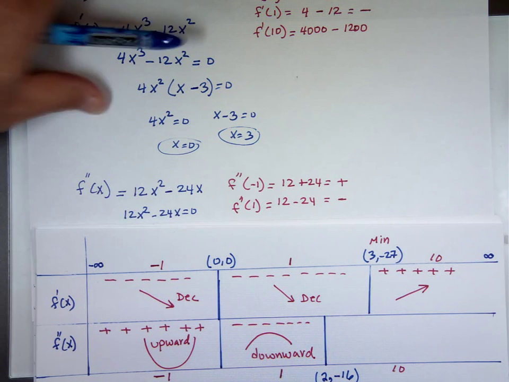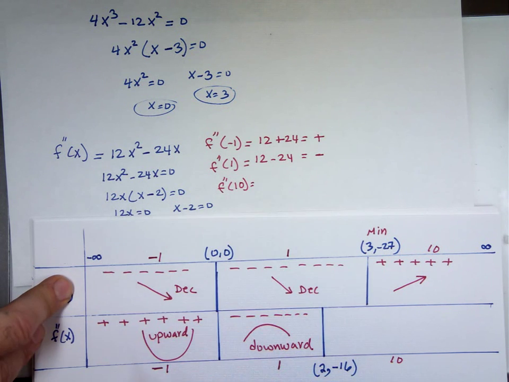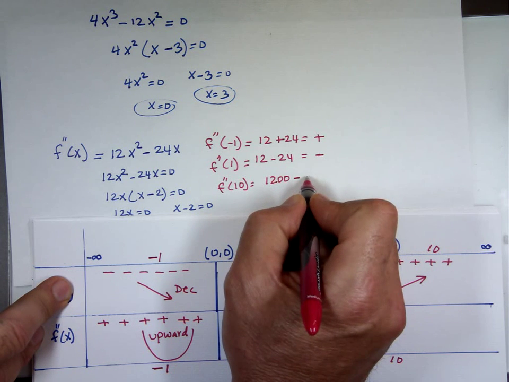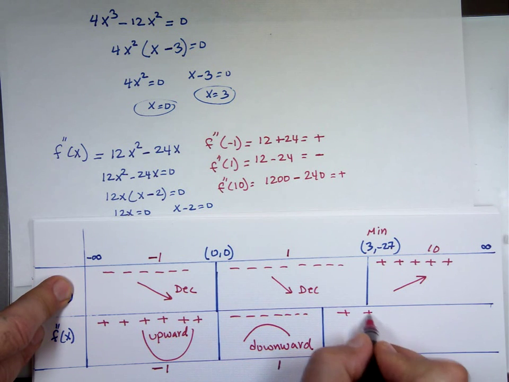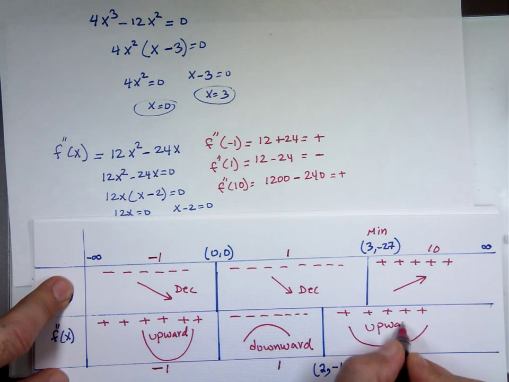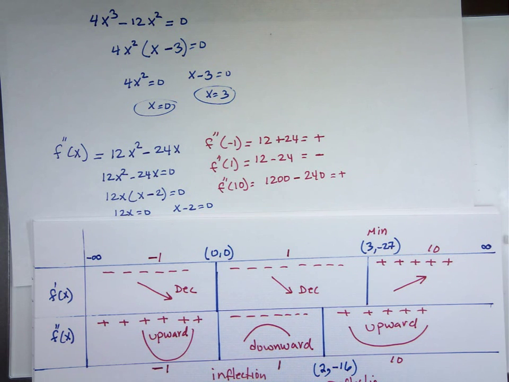And let's try the 10. $1,200 minus 240, right? That's positive. Concave upward. Inflection, inflection, right here and right here. Concave up, concave down. Concave down, concave up. That's our inflection point. Change of concavity.